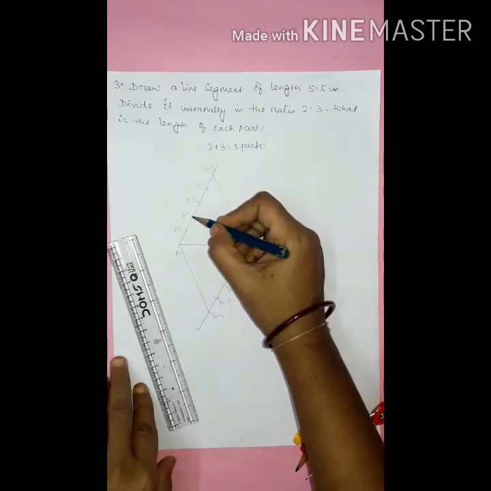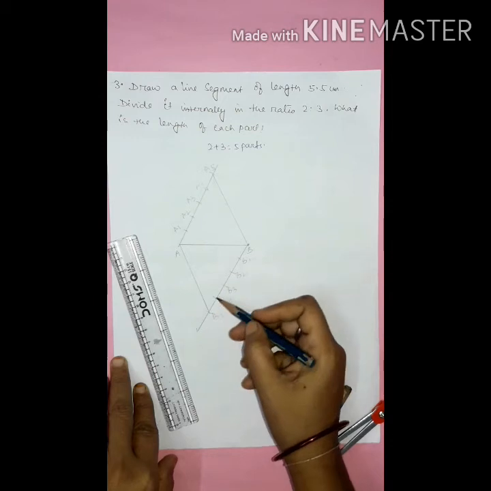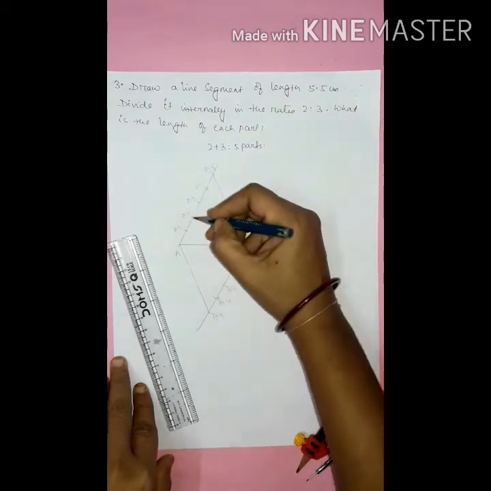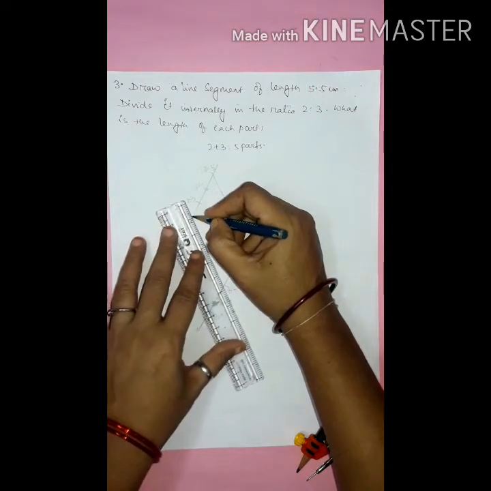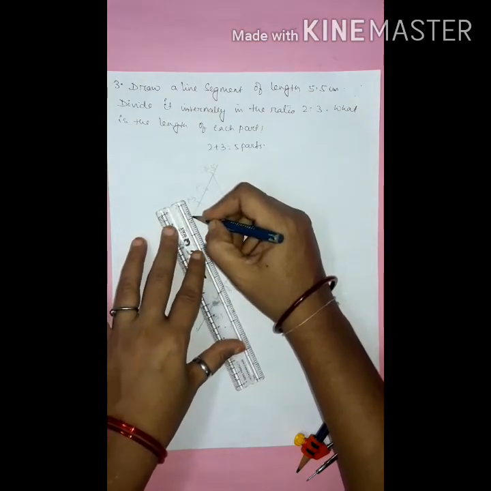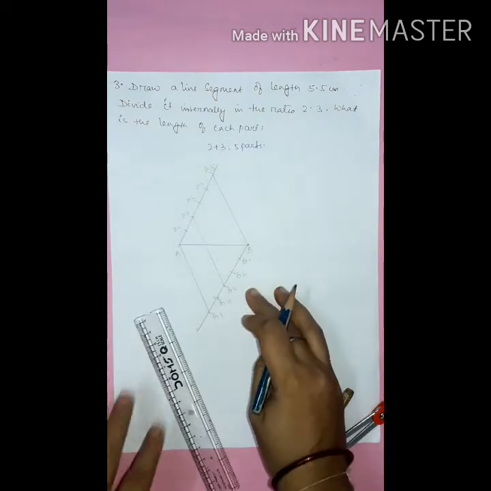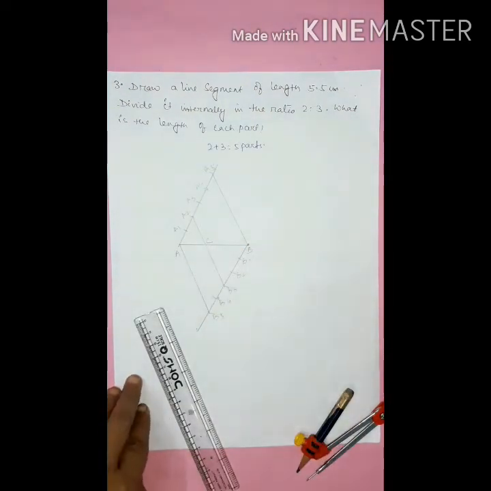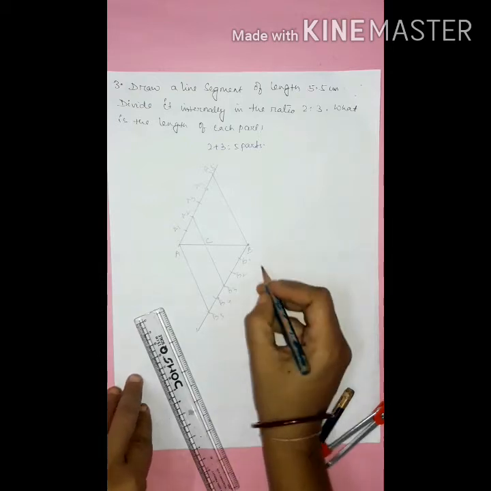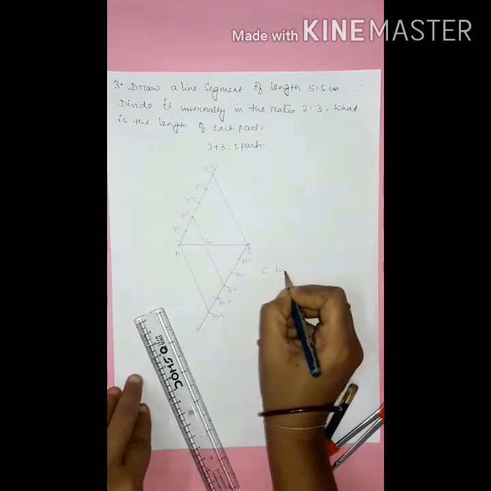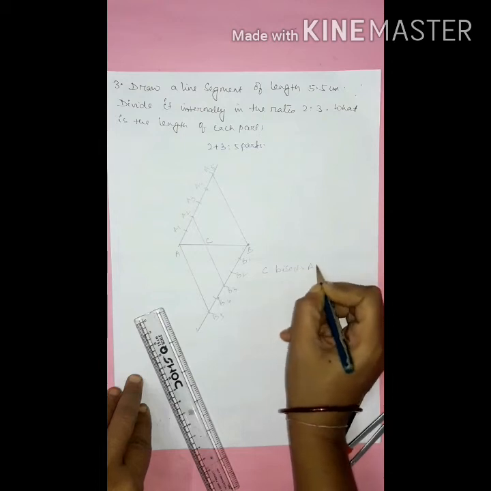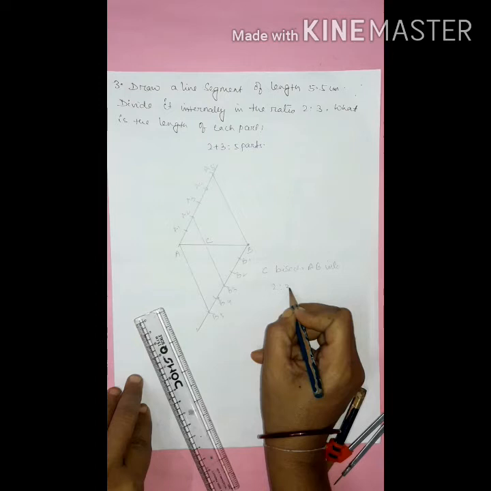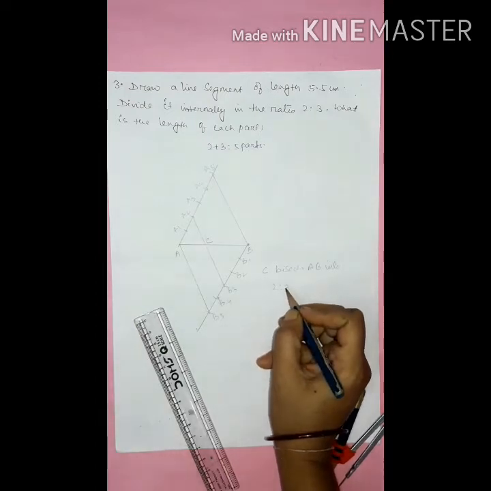From A2 go to B3, counting 1, 2, 3. You have to join A2 to B3. Make this C. C divides AB into 2:3 parts. This is the answer.